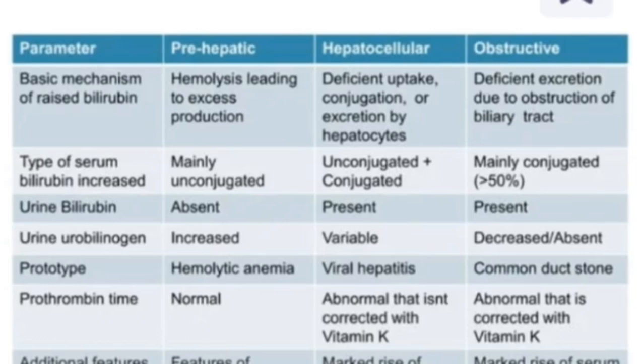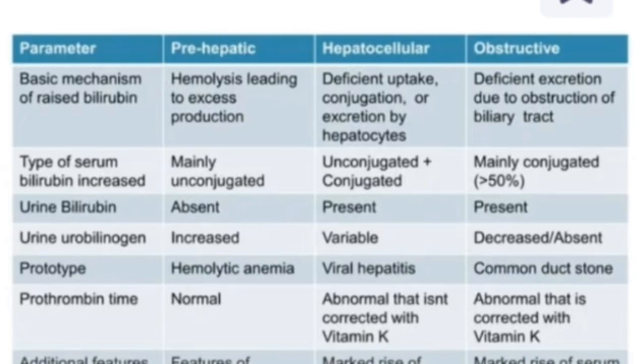You see, when there is liver damage, the ability of the liver to conjugate bilirubin will be impaired. Also, the ability of the liver to drain or transport the already conjugated bilirubin will also be affected. So there will be one, accumulation of unconjugated bilirubin. There will also be accumulation of the conjugated bilirubin, which cannot be excreted from the liver.